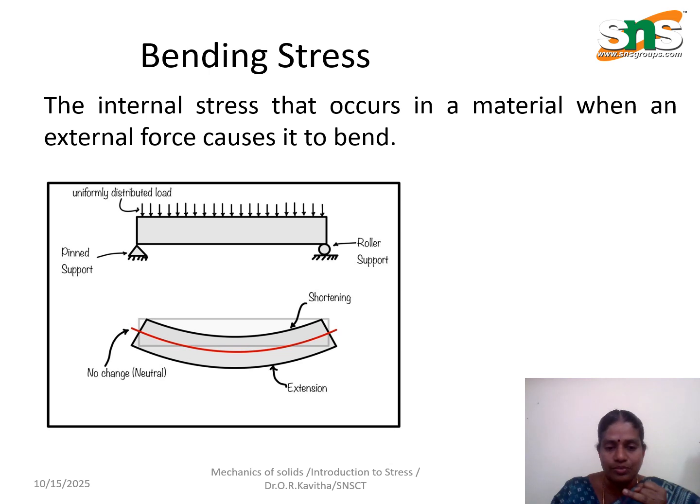Here it is subjected to the UDL. You can see there is a bending. Due to this bending, some internal stresses are created within the material and it will cause bend. This type of stress created here is called the bending stress.